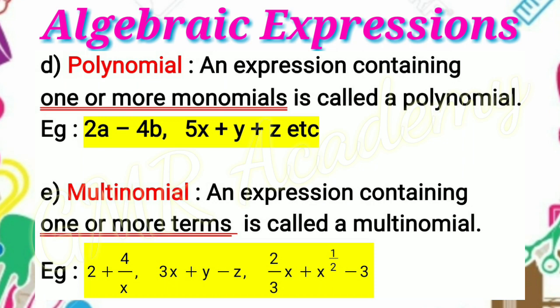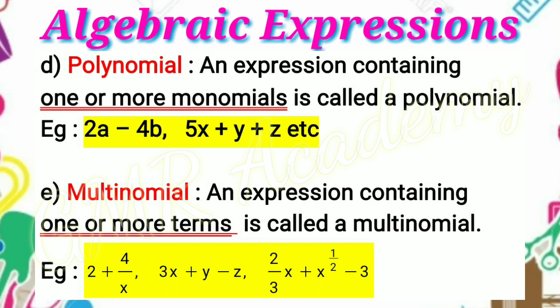The power of the variable is positive means polynomial. The power of the variable is negative means multinomial. That means in a multinomial, the powers of the variables can be positive integers or negative or zero or rational numbers, any one of them, and that is also called a multinomial. So all polynomials are multinomials.